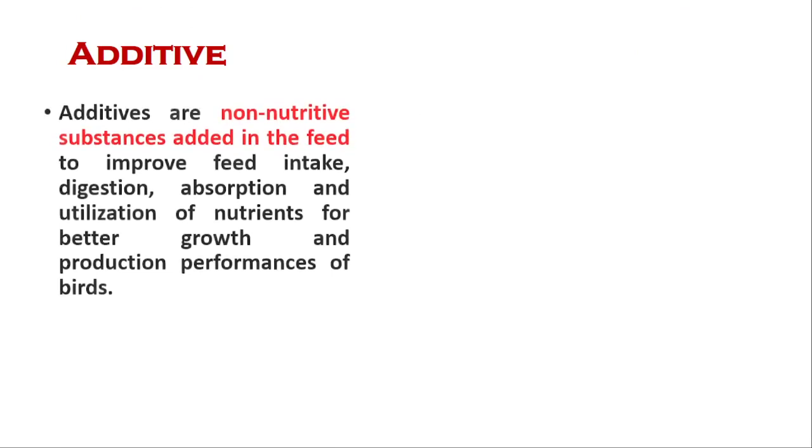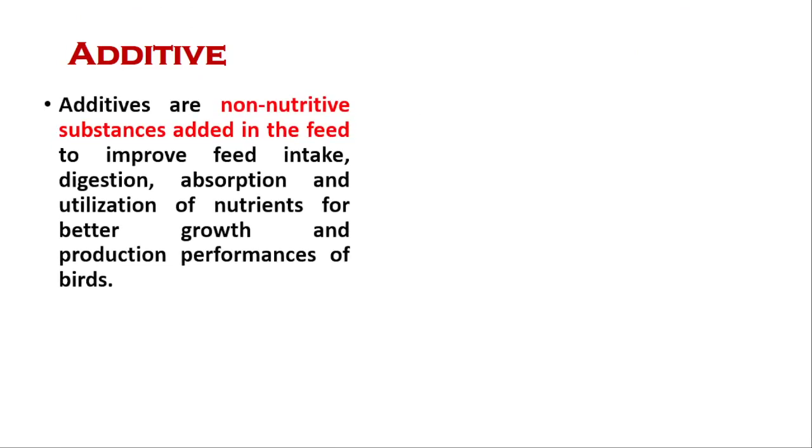These additives are not nutrients, that means they are non-nutritive substances which are added in the feed in a very small quantity, for the purpose of enhancing and improving certain nutrients, or they may be stimulants and also medicines.